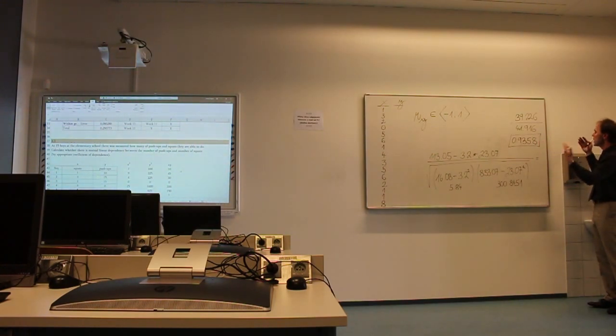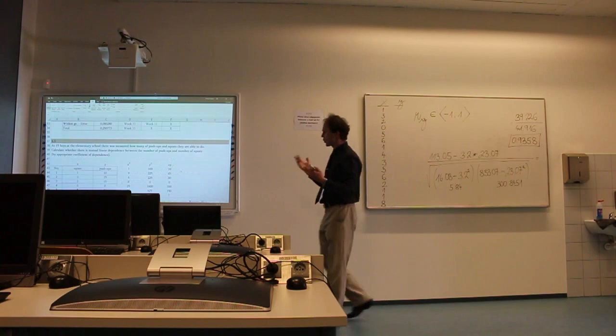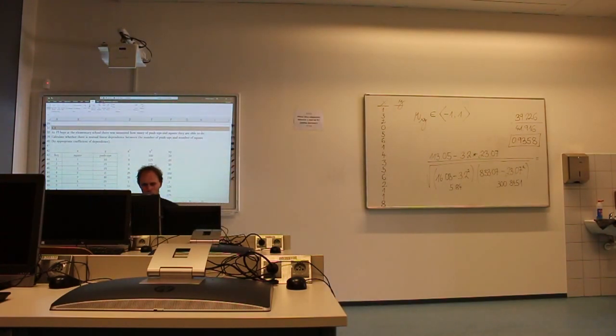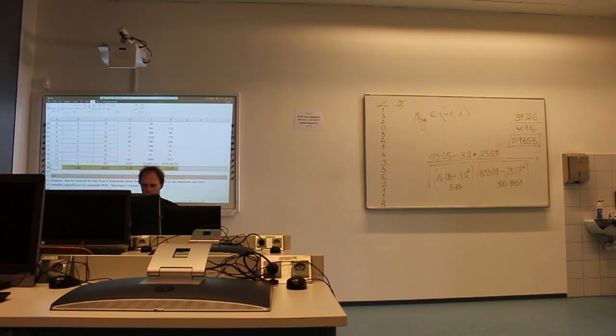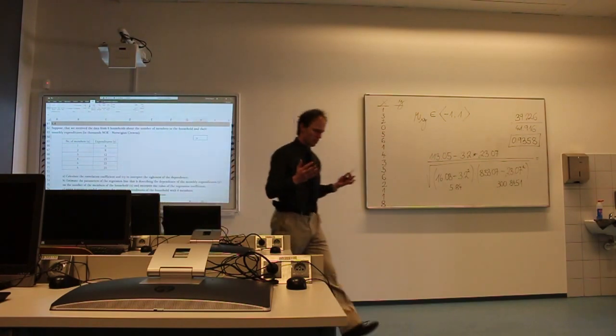If the boy is weak, he is not able to do a lot of squats and a lot of push-ups. Okay, so that is correlation between two numerical variables.